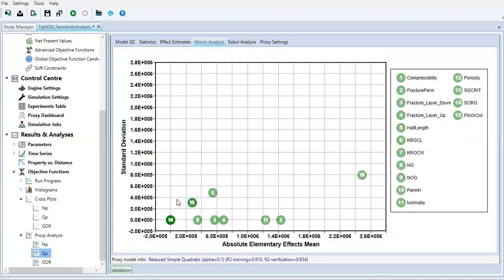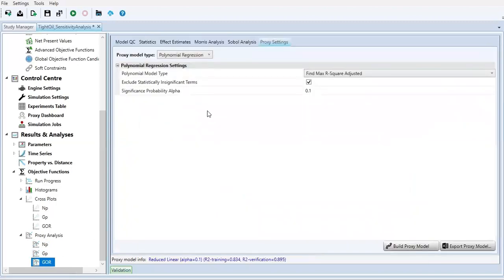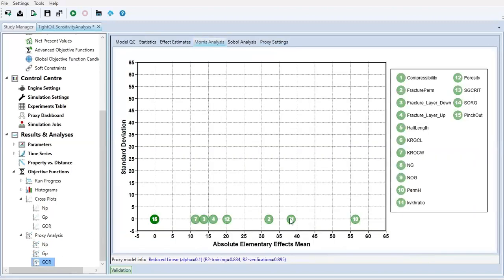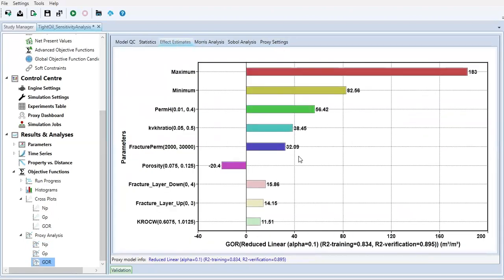Again, the perm H. And for GOR, Morris analysis, nothing very special influencing the GOR. But still, perm H is more important. Porosity gives a negative effect on the GOR. So it means that if you have greater porosity, you will actually have less GOR.